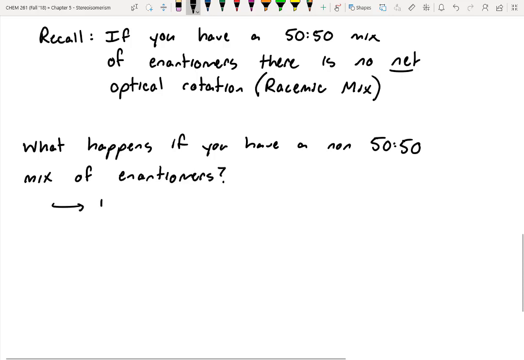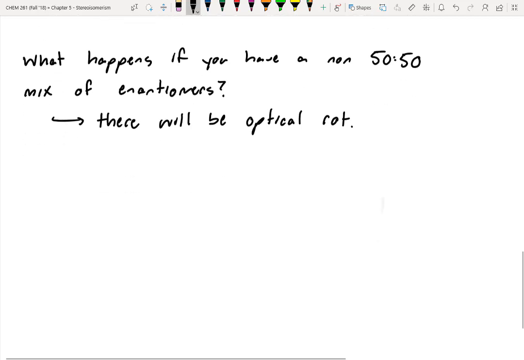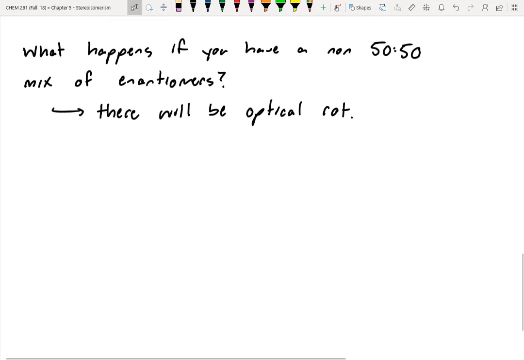We already predicted that there will be optical rotation. Do you think it will be as high as the pure sample or a little bit less? It's got to be less, right? It's not going to enhance the optical rotation. It's going to be a lot lower usually. So what we do when we're looking at this is we calculate this as enantiomeric excess.